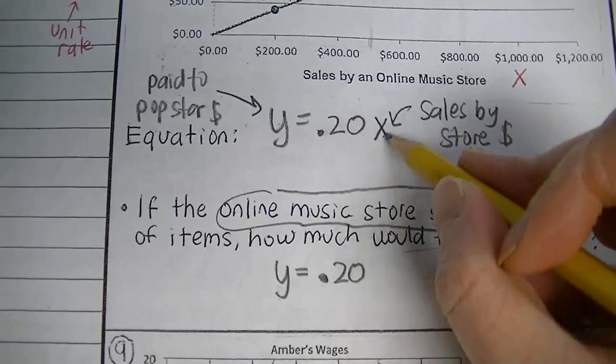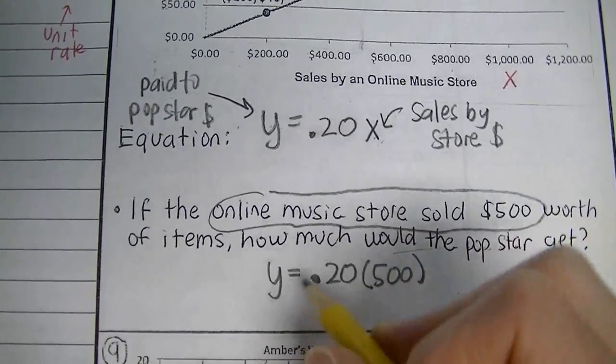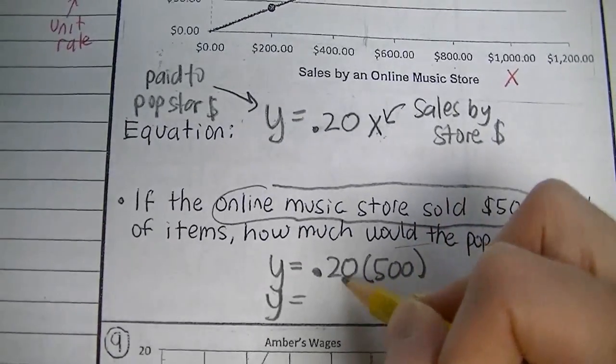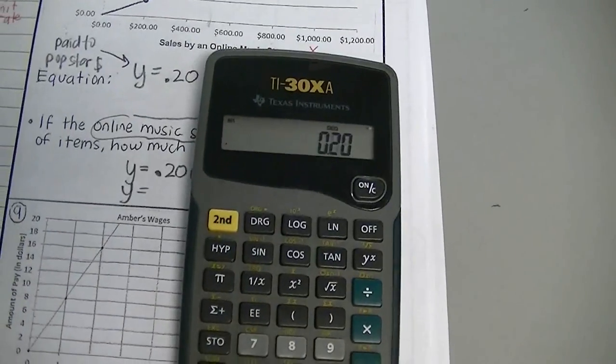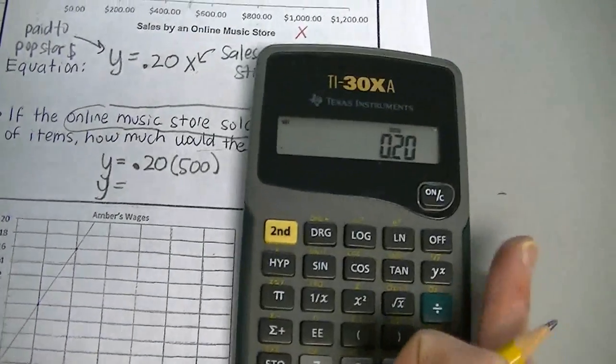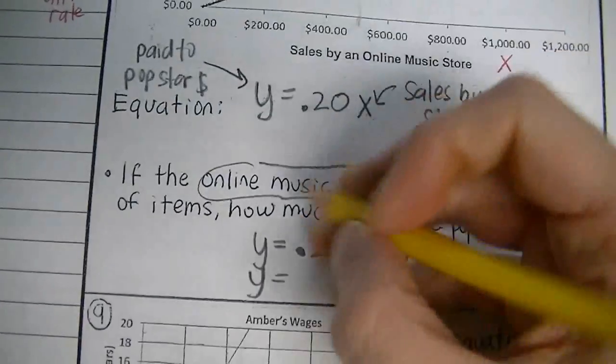And I'm going to keep that unit rate, and instead of writing the x, I'm going to write 500 right there. Okay? So now I would go 20 hundredths times 500, or you could do 0.2, same thing, times 500, and I got $100.